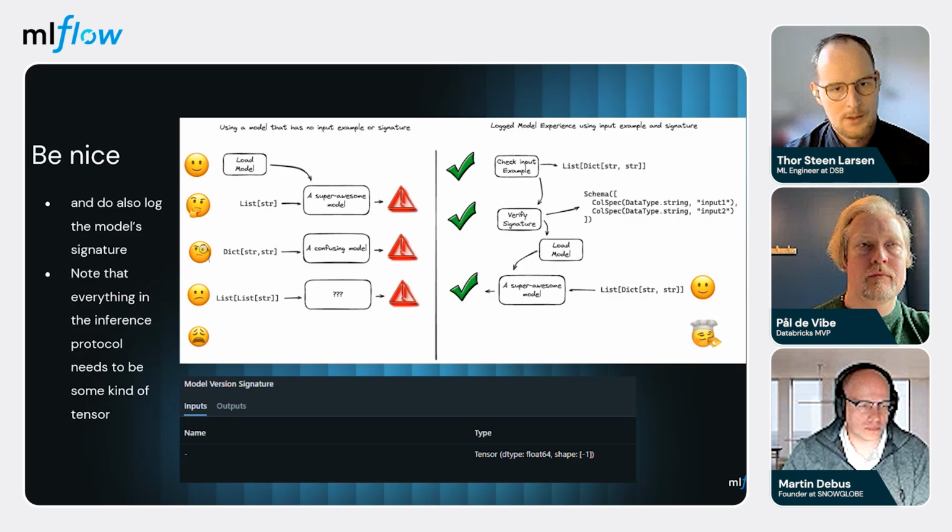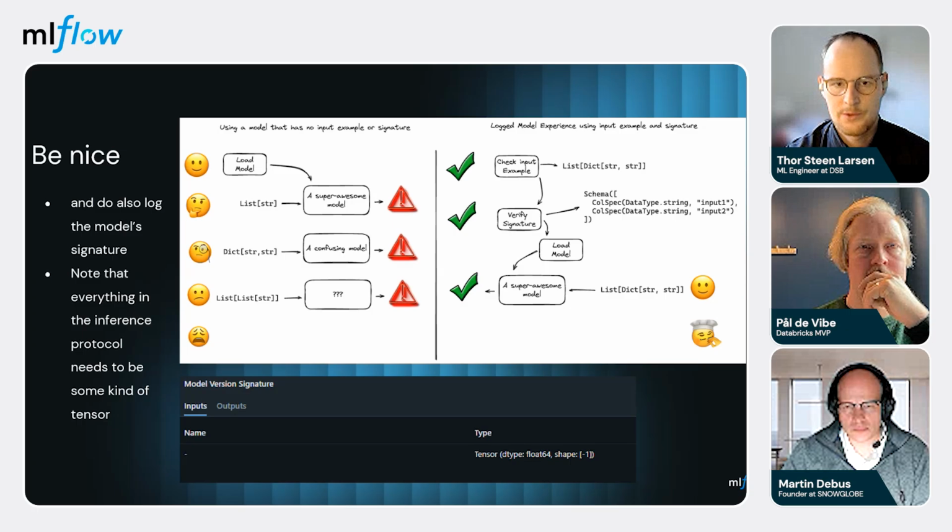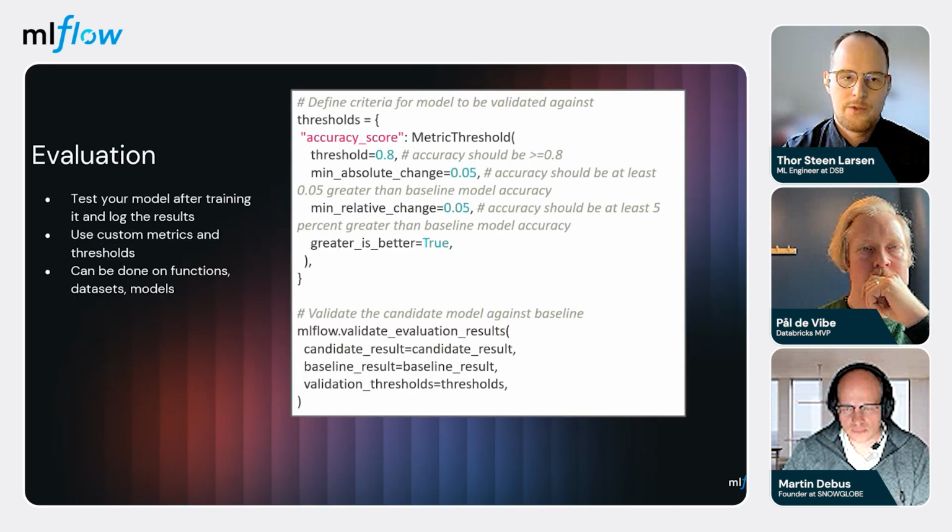You can't input or output anything when you're logging and making signature models. That's something you need to follow, but most tensors can be logged. Everything that can be translated into a tensor can be used in a signature and in the input and output.